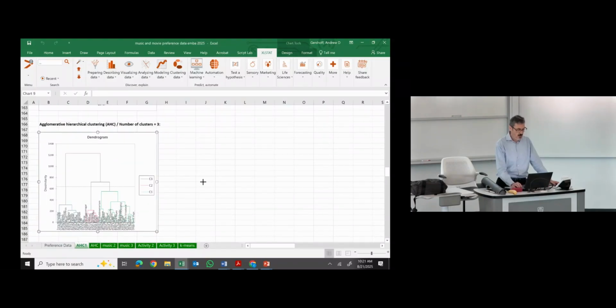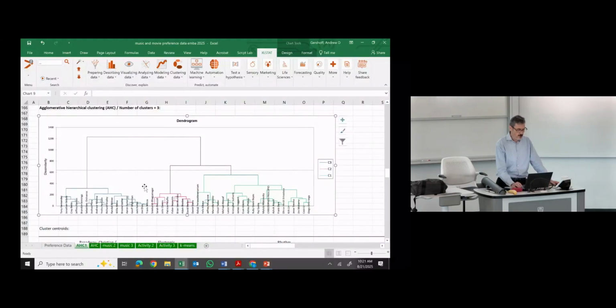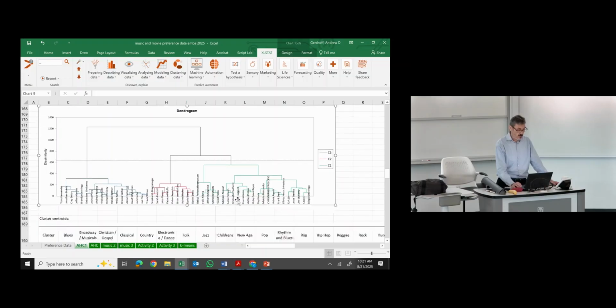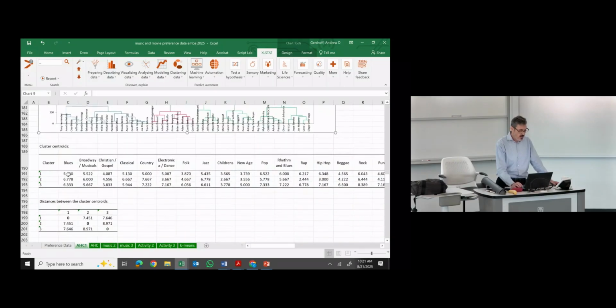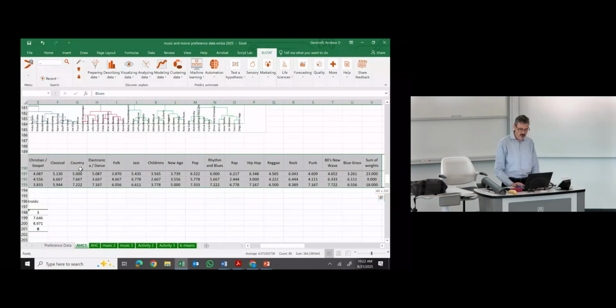And it gives me a 3-cluster solution that looks like this. There's this group of people, there's this group of people, there's this group of people that share similar musical tastes. And in fact, now I've got these 3 different clusters, and these are the centroids. That means the middle point, the average of each of those clusters.